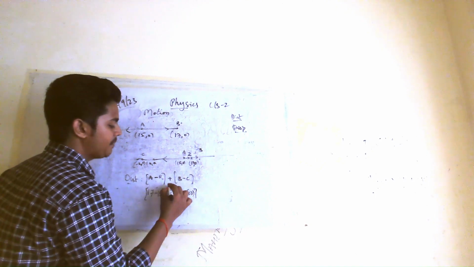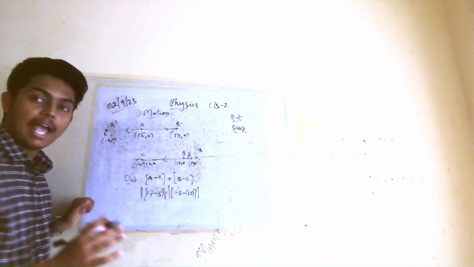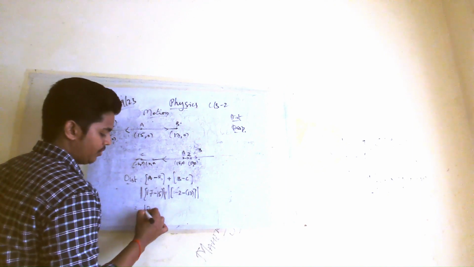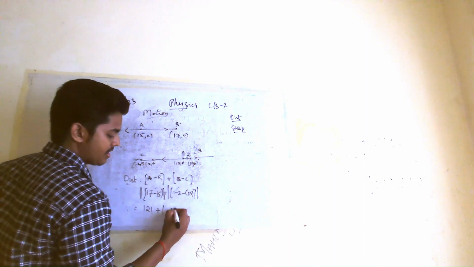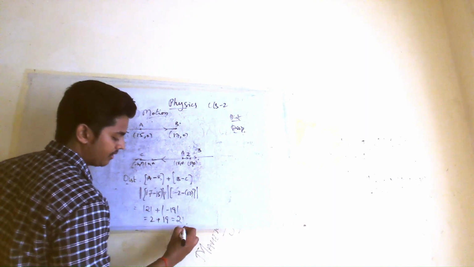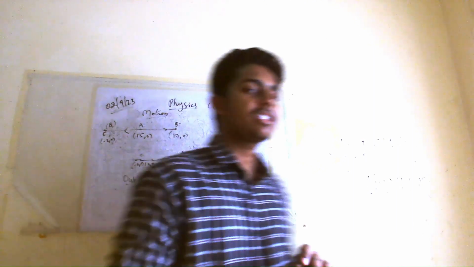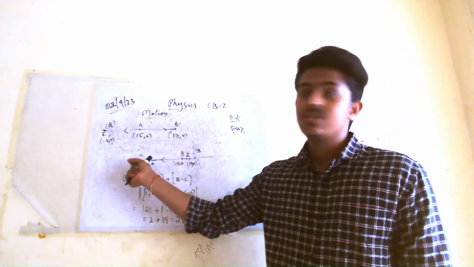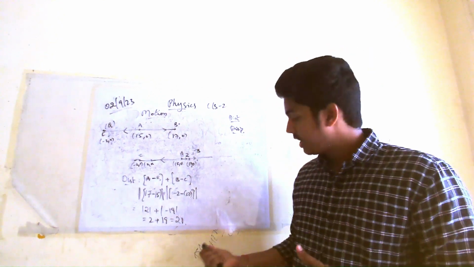You have to take the absolute value because distance is always positive. So here it is 2 units plus here the value is minus 19. So take 2 plus 19 is equal to 21. So the total distance covered by the object is 21 units. That means the body is traveling 2 units to the right and 19 units to the left. In total it traveled 21 units.